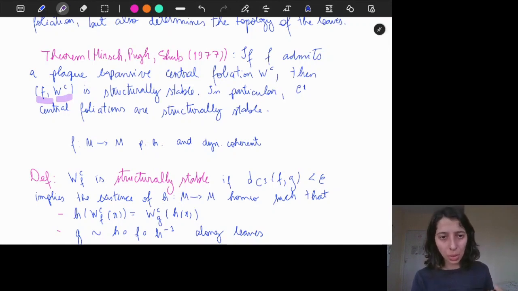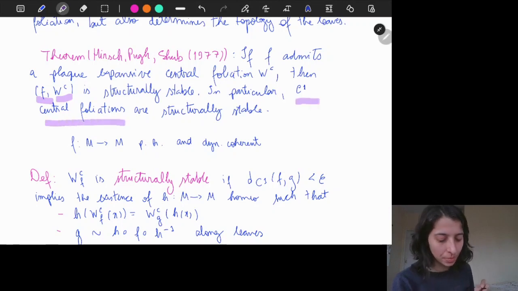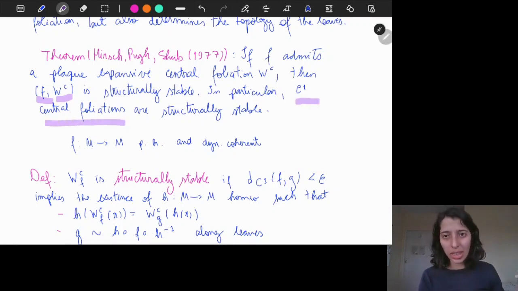This is true, for instance, if the foliation is C^1. So if the foliation is C^1, it is plaque expansive. In particular, we can apply this theorem to say that the center dynamics, the map together with the center foliation, is structurally stable. This means that this map with this center foliation are preserved topologically under perturbations.